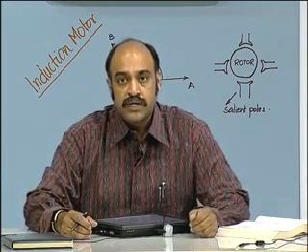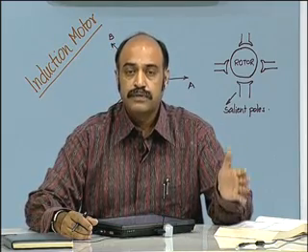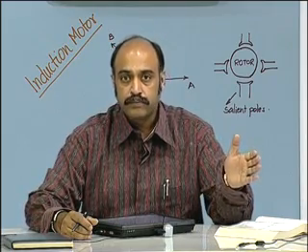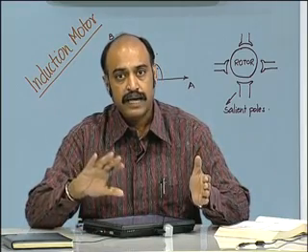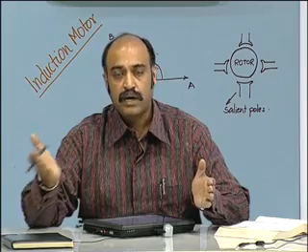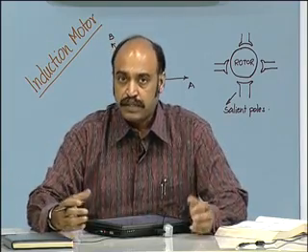Plus, there is also another domain called the mechanical domain. So, you have the energy which is moving from the electrical domain into the magnetic domain, and you can tap the energy in the electrical domain or in the mechanical domain or both, depending upon the type of the motor.